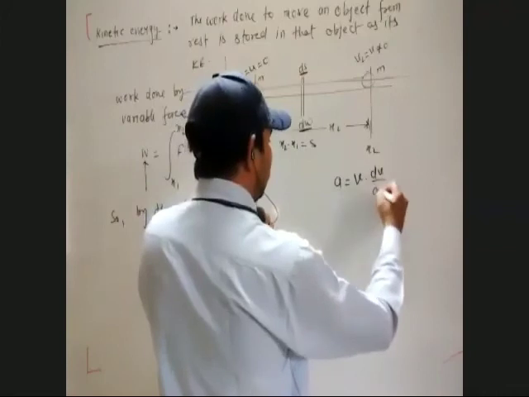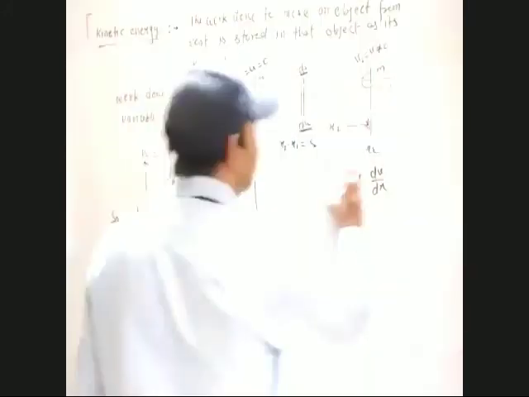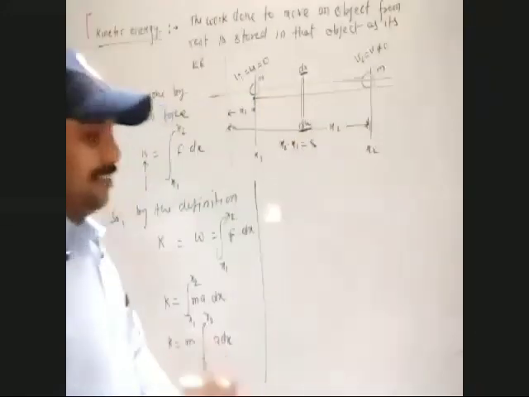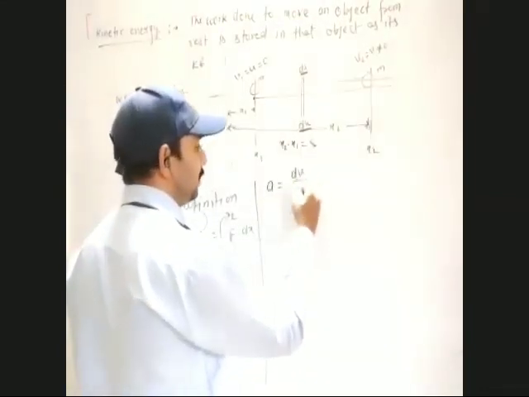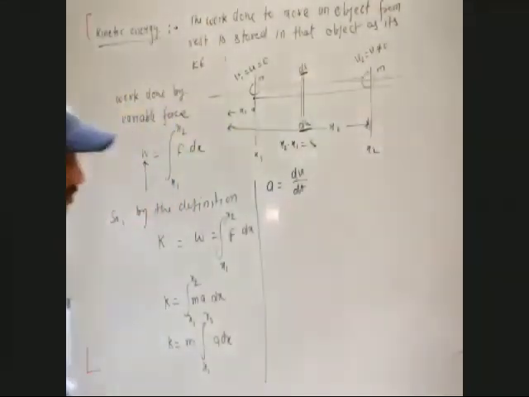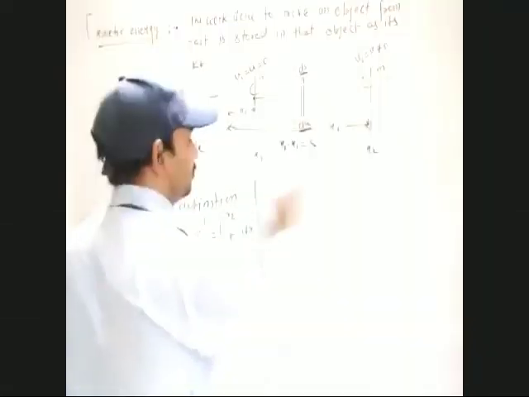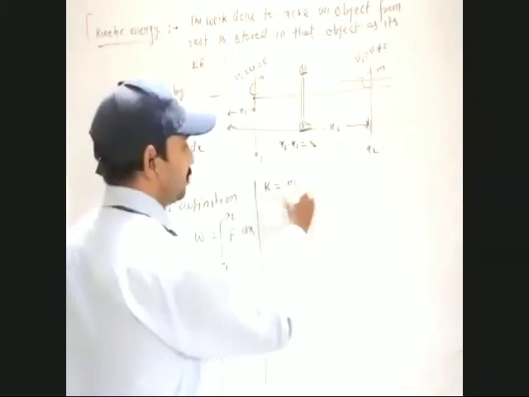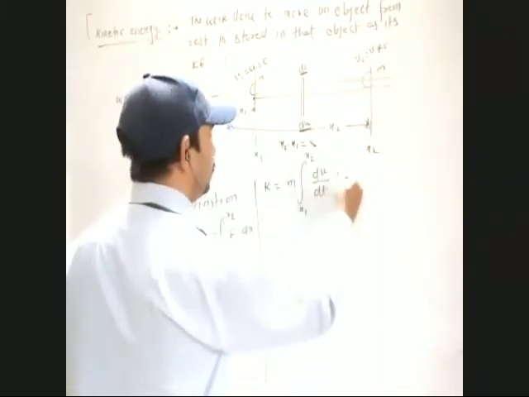See, a is equal to v into dv by dx. Do you remember? Okay, no problem. See, a is equal to dv by dt. Is it correct? Okay. Put it here. K is equal to m integration x1 to x2 dv by dt into dx.